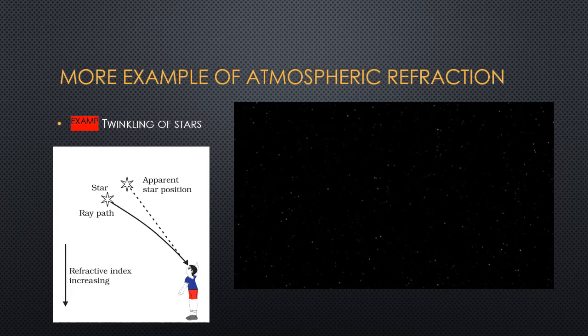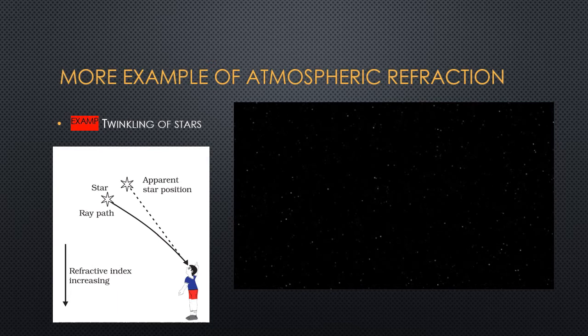As the refractive index of the medium is gradually changing, the atmospheric air bends the starlight towards the normal. So what is happening here basically?